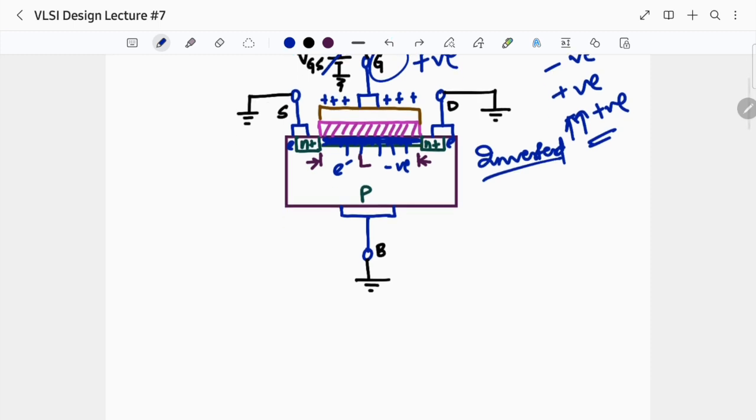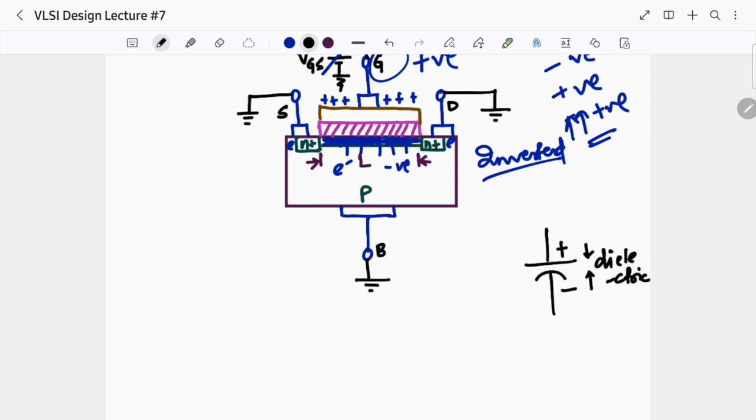So what does this actually look like? A parallel plate capacitor, where the top plate is positively charged and the bottom plate is negatively charged, and in between these two plates we have something called the dielectric.